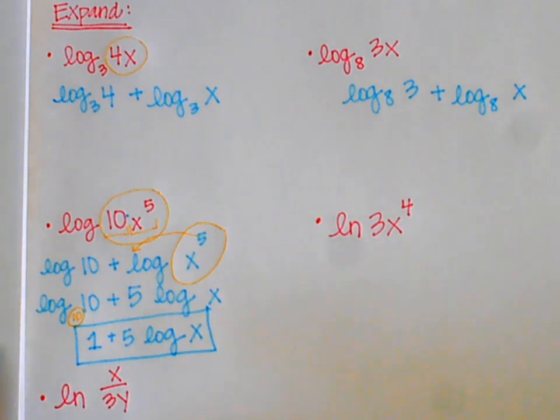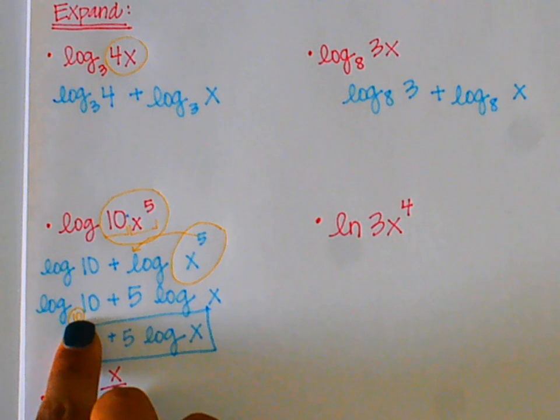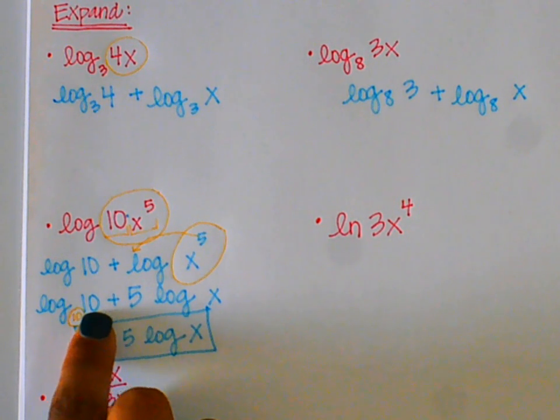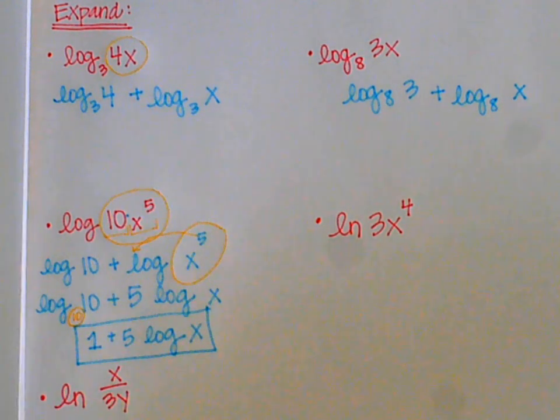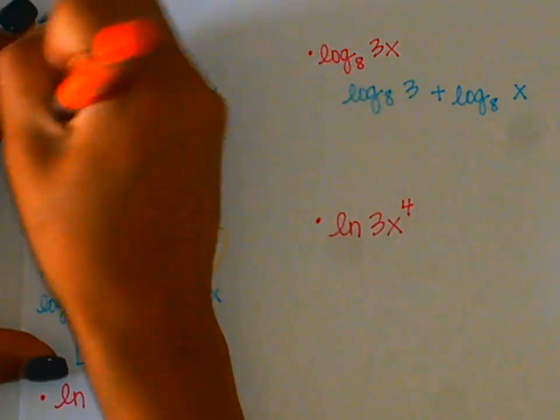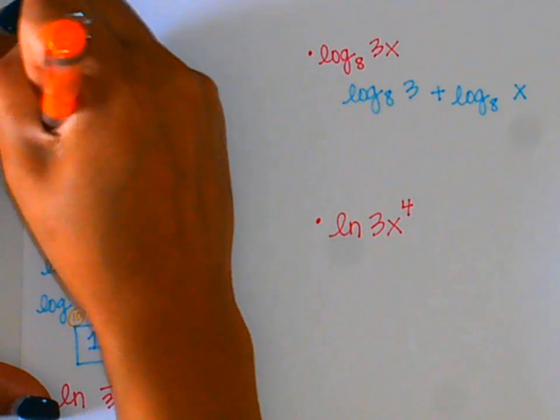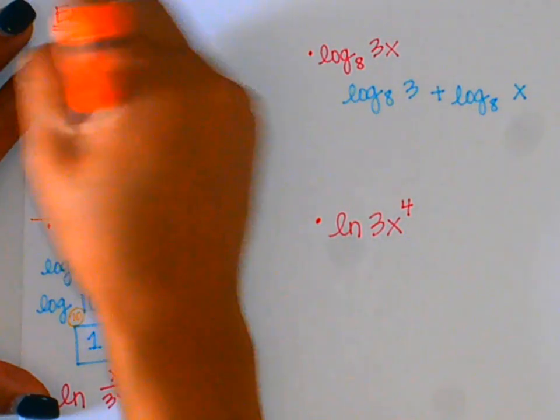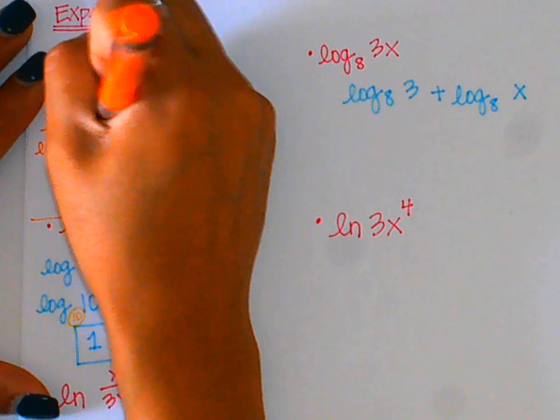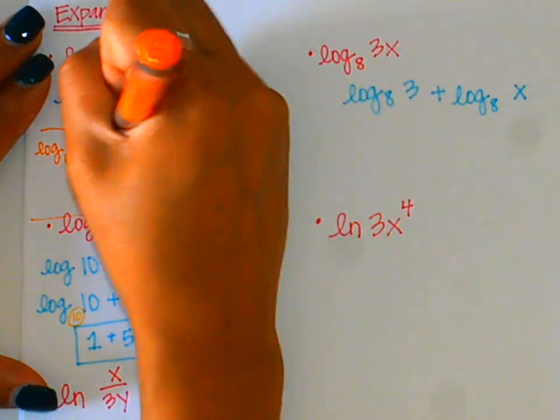Whenever you have a log or a natural log that has the same base as the term, it will always equal 1. And let's take this one here, for example. And I'll do a little window right here, right? Okay, so let's say log base 10 of 10. We are trying to prove, so I'm going to put a question mark, is it equal to 1?